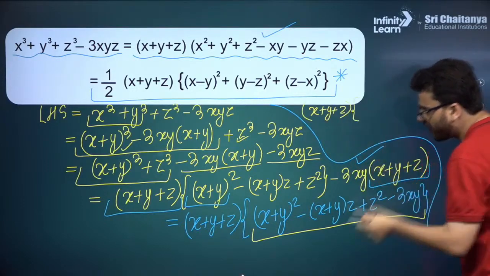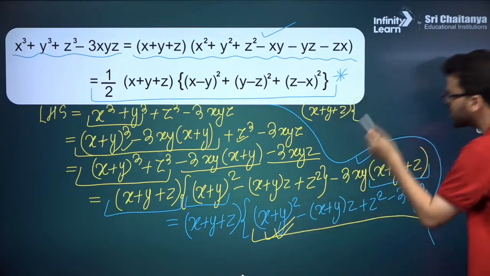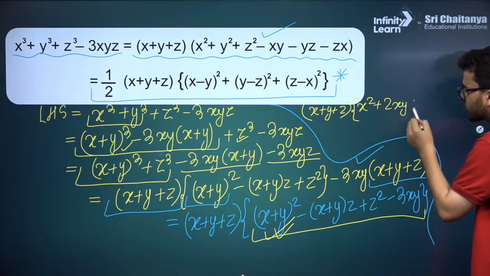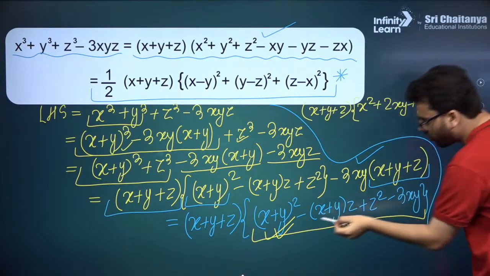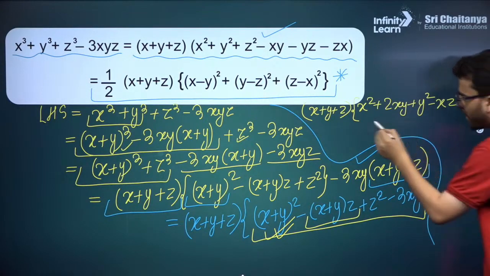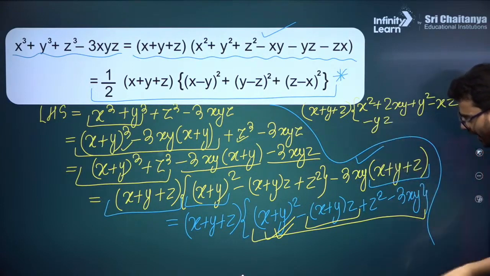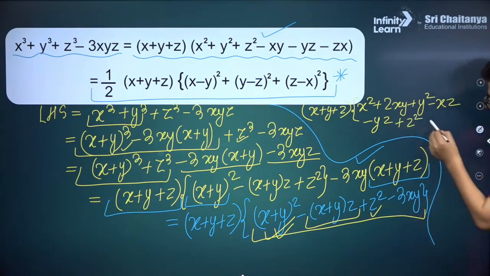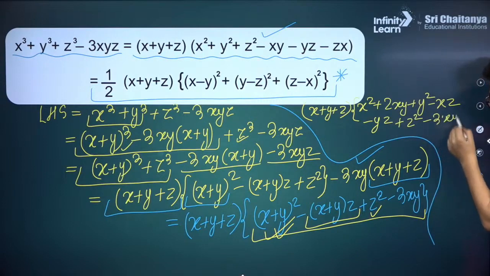And then if I open up this x plus y the whole square, I know it is x square plus 2xy plus y square over here, guys. Now I can open up this bracket, so it will give us minus xz minus yz, plus z square, and minus 3xy we are getting.